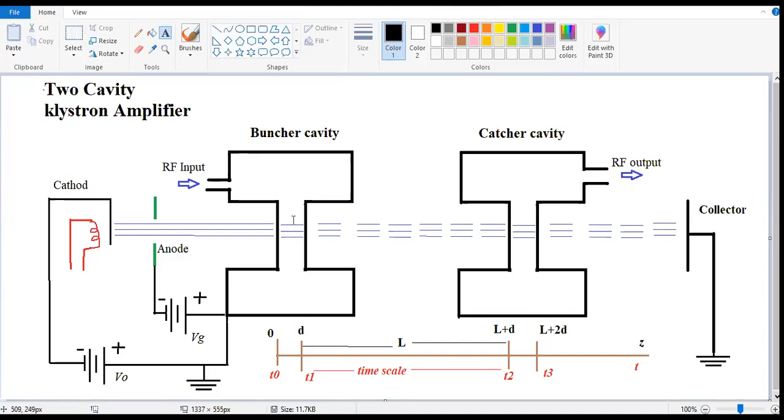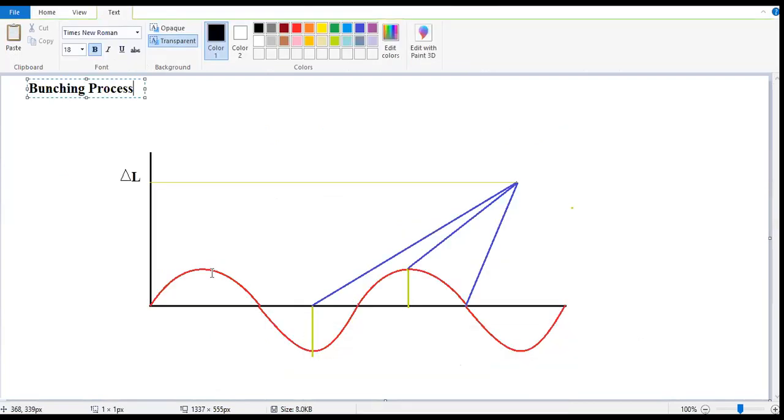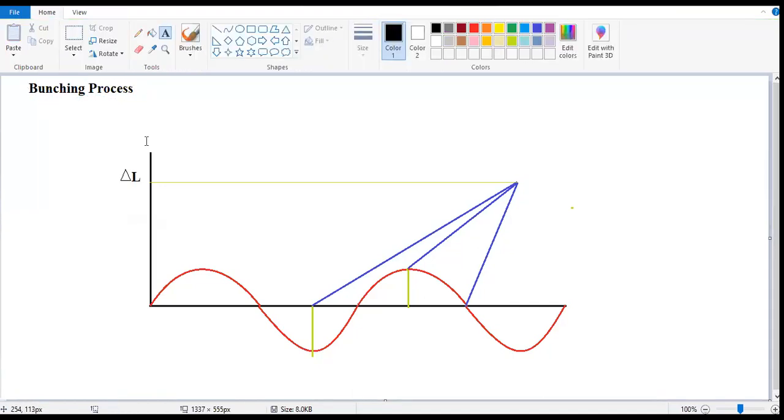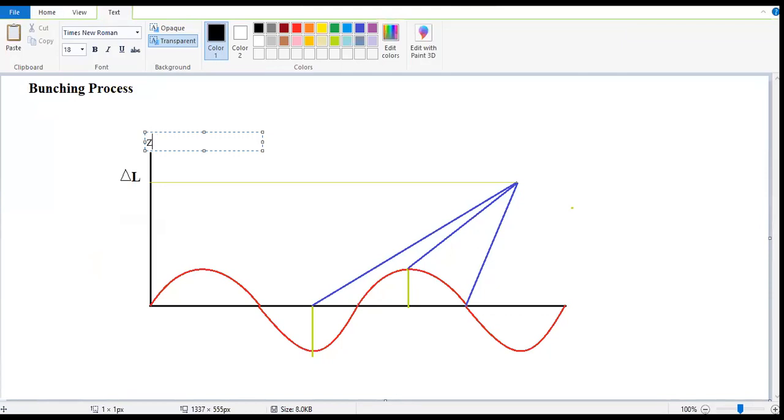The main thing is velocity modulation and bunching action, and how it takes place we are going to discuss with this diagram. Now, what is this? This is maybe your z-axis. Whatever the axis, I will name this as your z-axis.